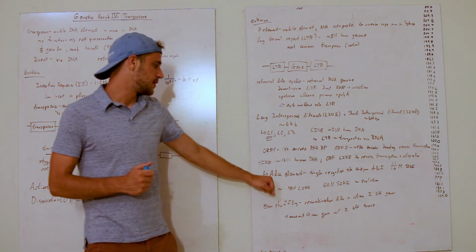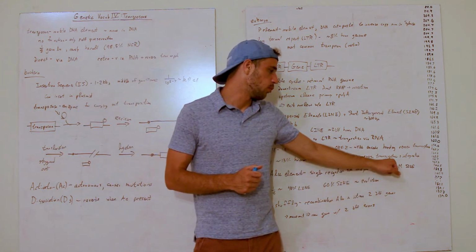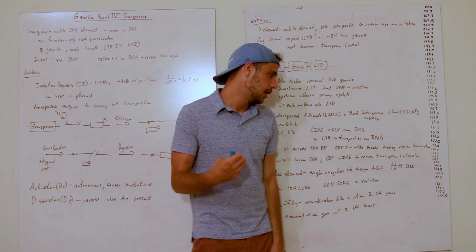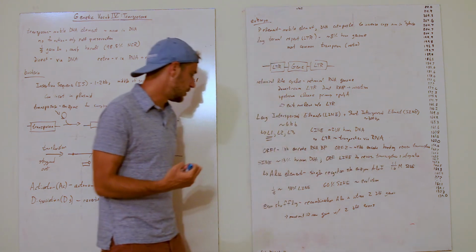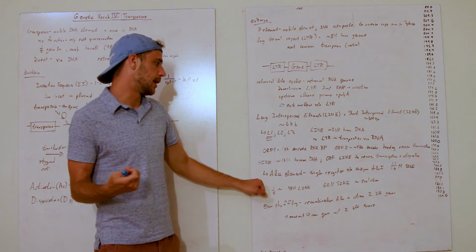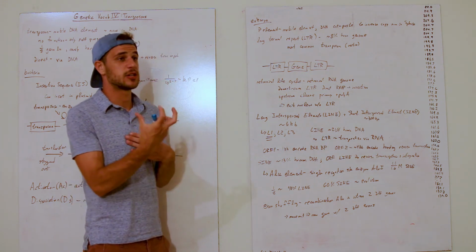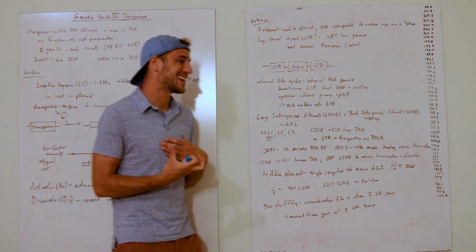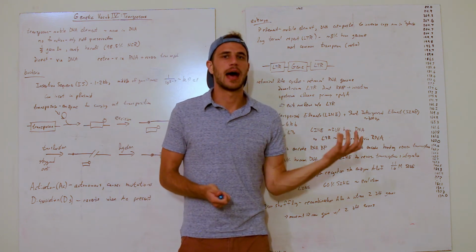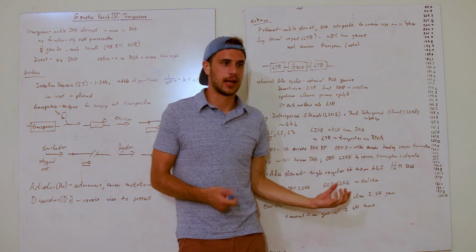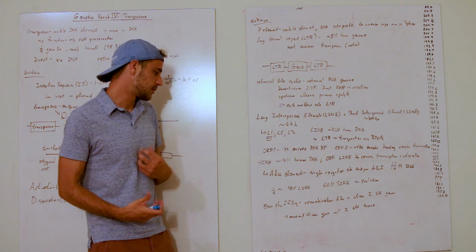A specific type of SINE, about 1.1 of the 1.6 million SINEs, is the Alu element, which has a very specific single recognition site for the enzyme AluI that helps recognize and insert it.